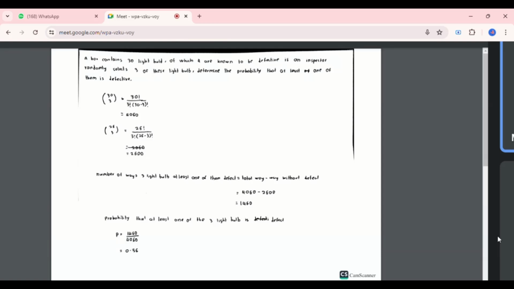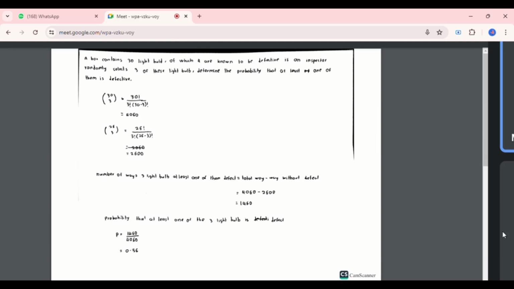So we compute 26 factorial divided by 3 factorial times (26 minus 3) factorial and we get 2600 ways.